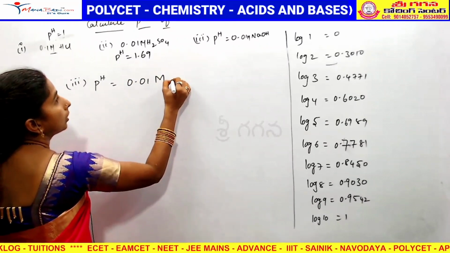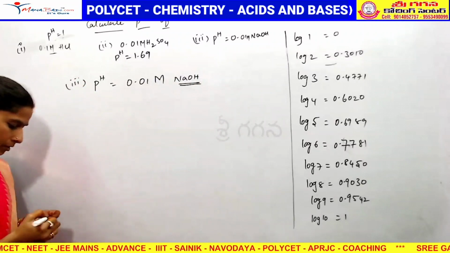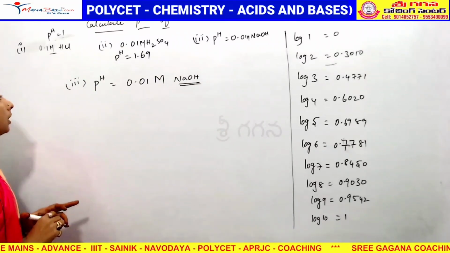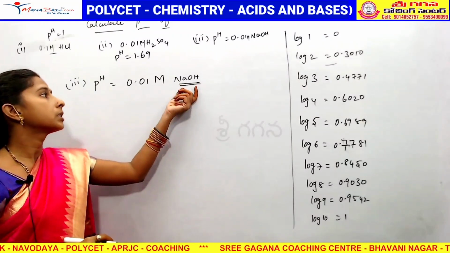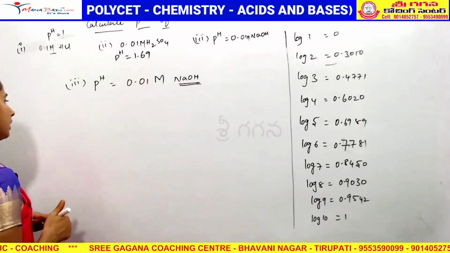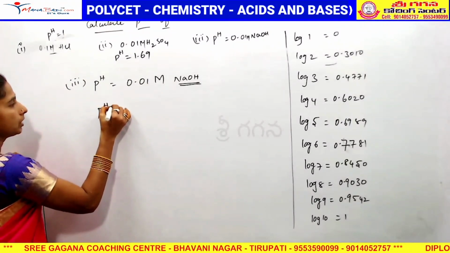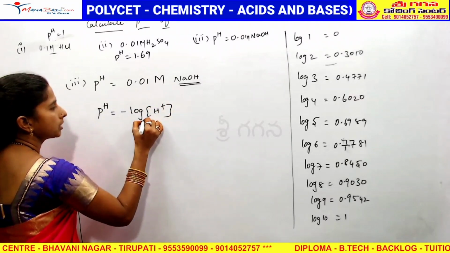Third problem: pH of 0.01 molar NaOH. We know that NaOH is a base, but pH is based on the concentration of H plus ion. Are there any H plus ions in NaOH? No. For acid, we write pH as minus log concentration of H plus ion, base 10.